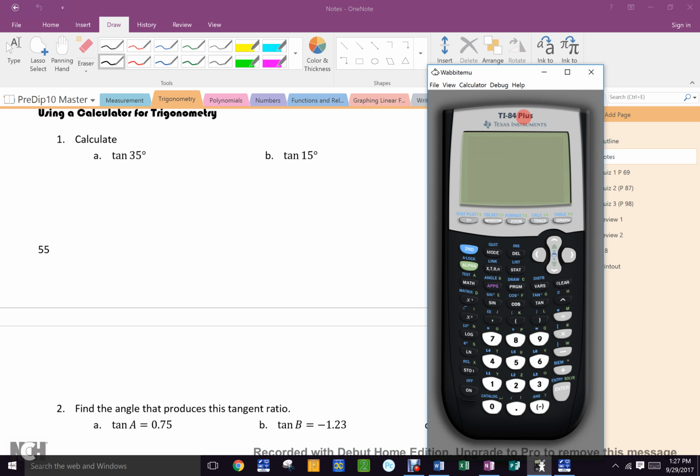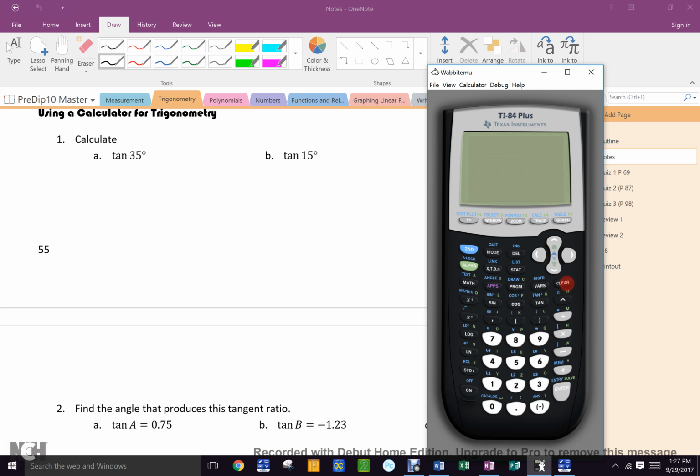Excellent. All of you push the button that says mode. Use the arrow keys to highlight the word degree. Push enter. Push clear. You are done. Thank you.